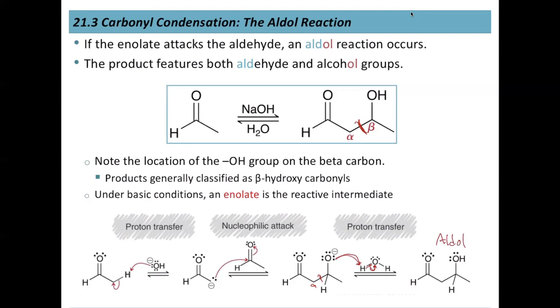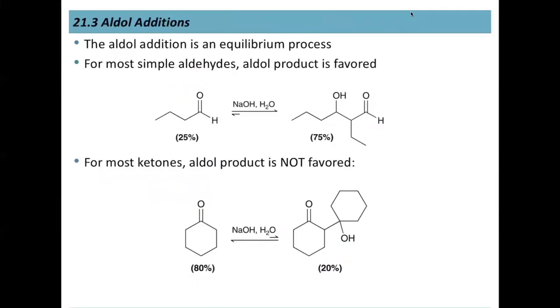Now, this doesn't have to occur between aldehydes. It can occur between ketones, but they're still known as the aldol reaction. And the key for the aldol reaction is we always get a beta hydroxy carbonyl. So anytime you see a beta hydroxy carbonyl, that came from an aldol reaction.